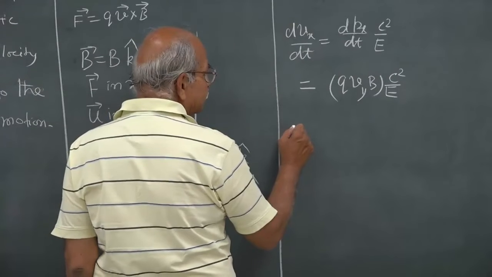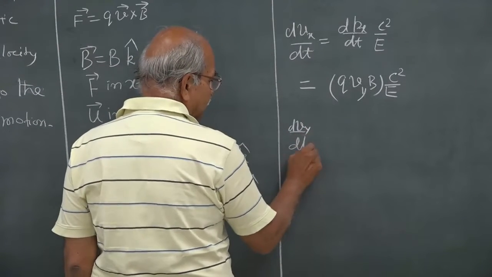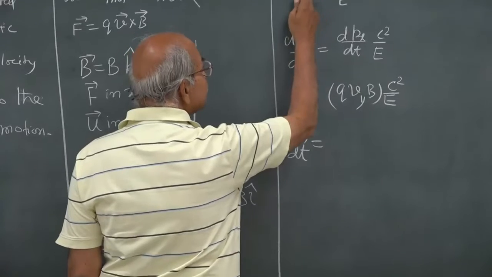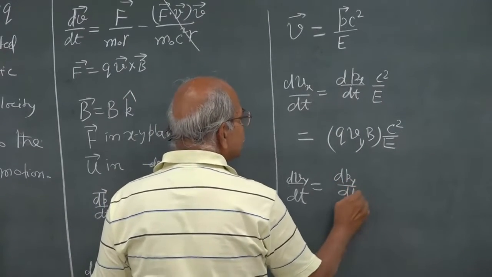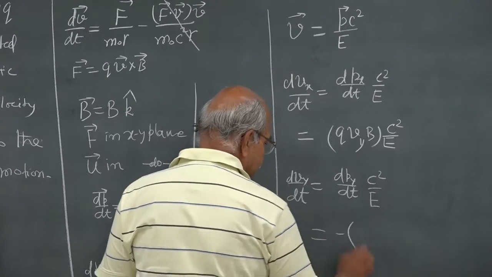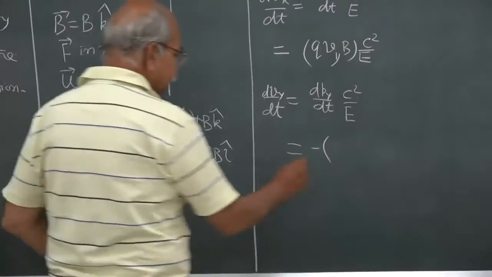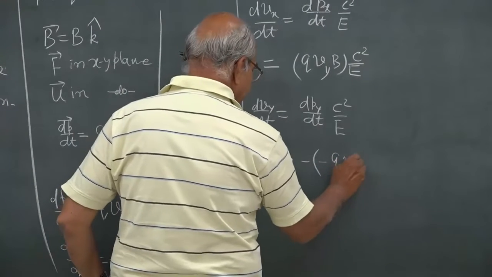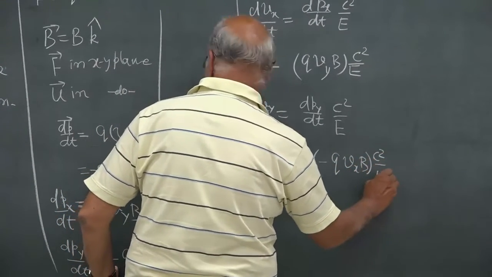Similarly, dVy dt will be dPy dt times c square by E, which is minus q Vx B times c square by E.